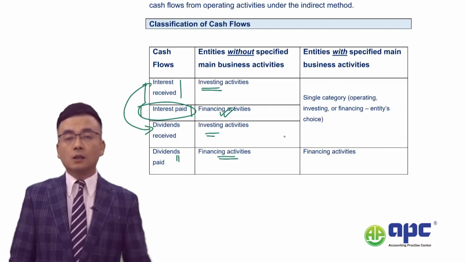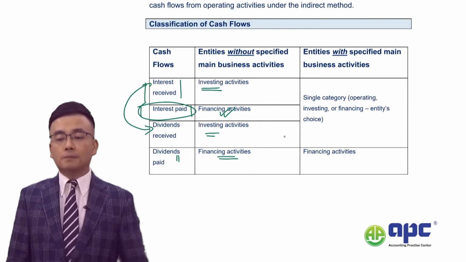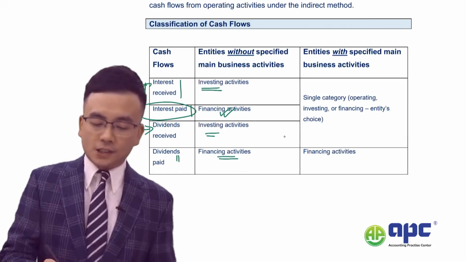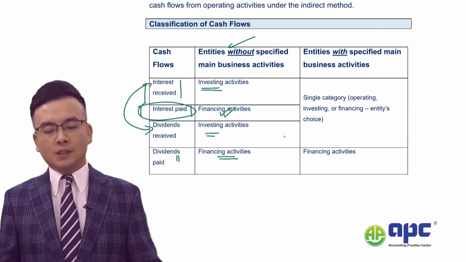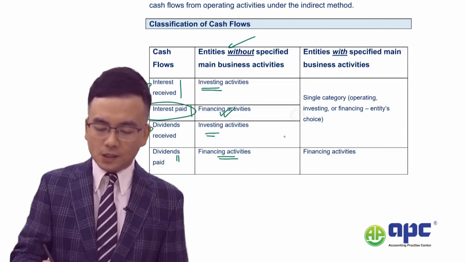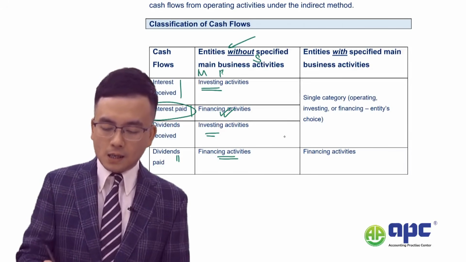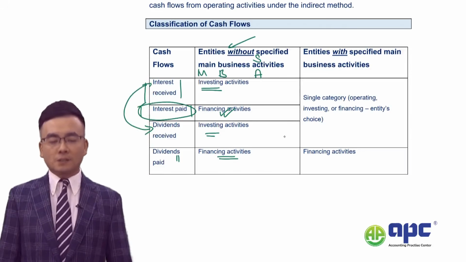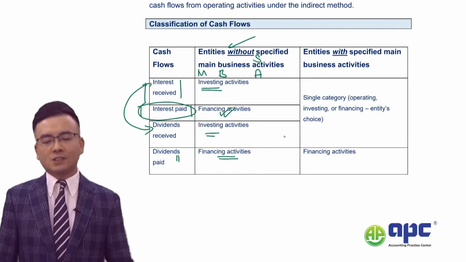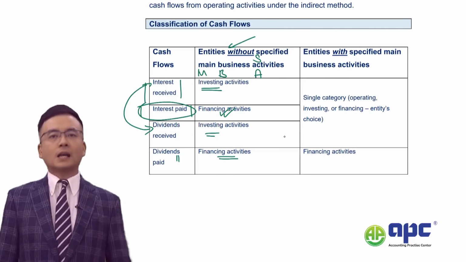But here, if you can see, the title is entities without specified main business activities, which means without SMBA. What do I mean by SMBA, or those business activities specified by the ISB?